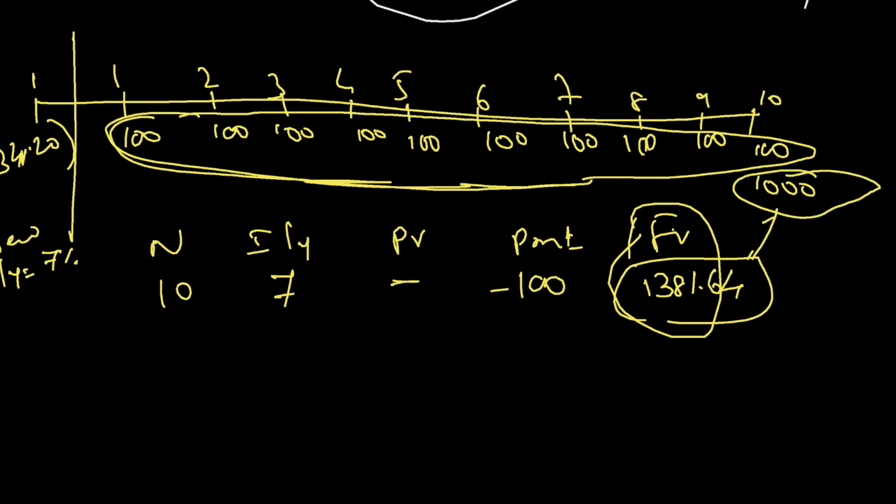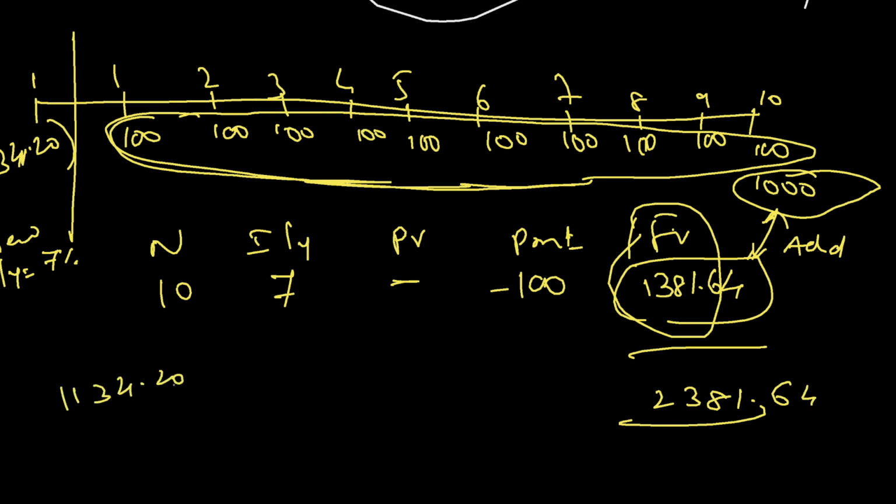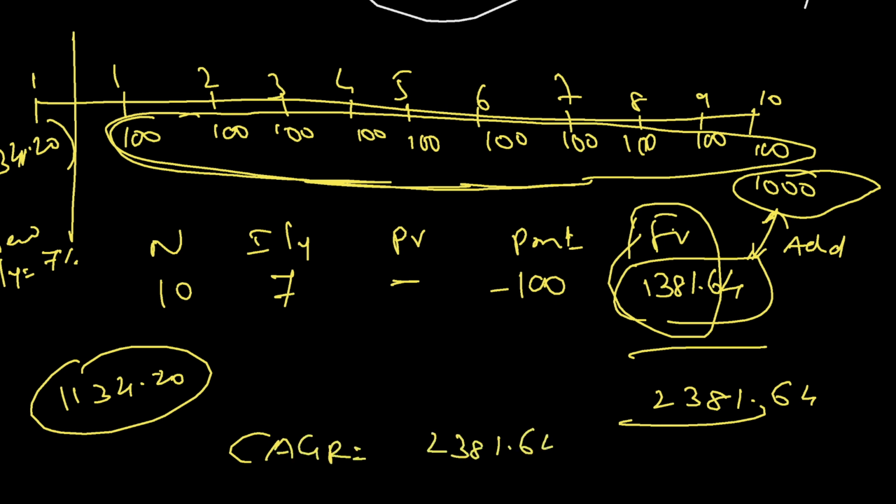So I need to add these two amounts. So when I add, I will get 2381.64, and I invested 1134.20. So my CAGR is going to be 2381.64 divided by 1134.20 to the power 1 by 10 minus 1.